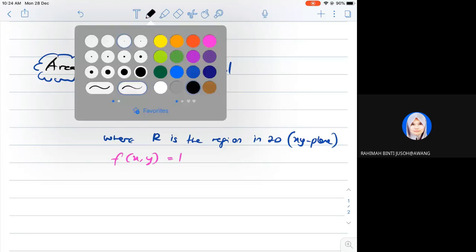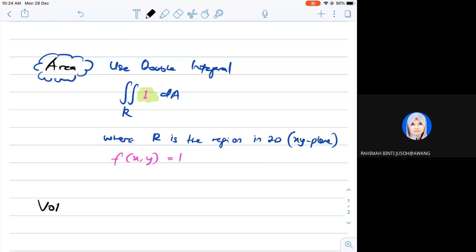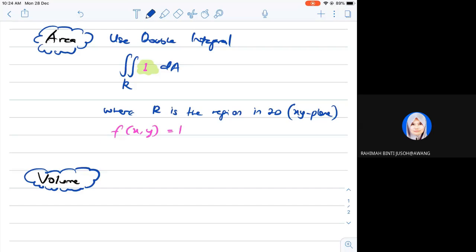If you want to calculate a volume using double integration, I want you to copy this so that you can differentiate between area, volume using double integration, and volume using triple integration. Now, volume in double integration.